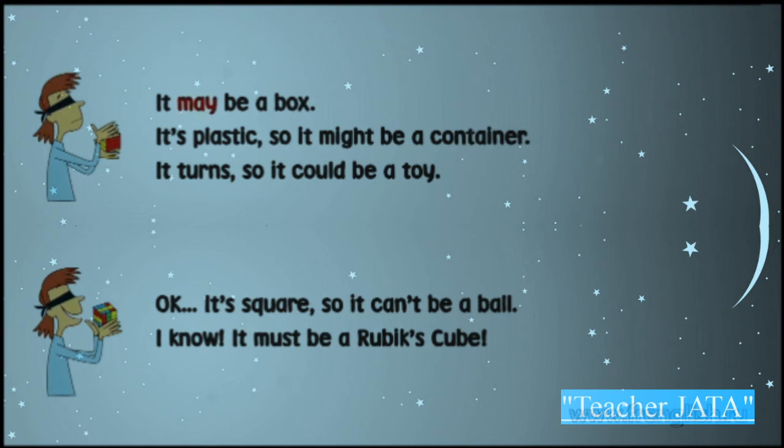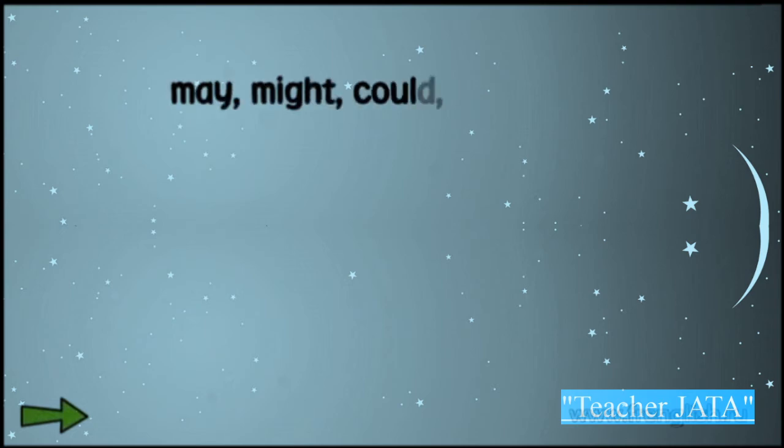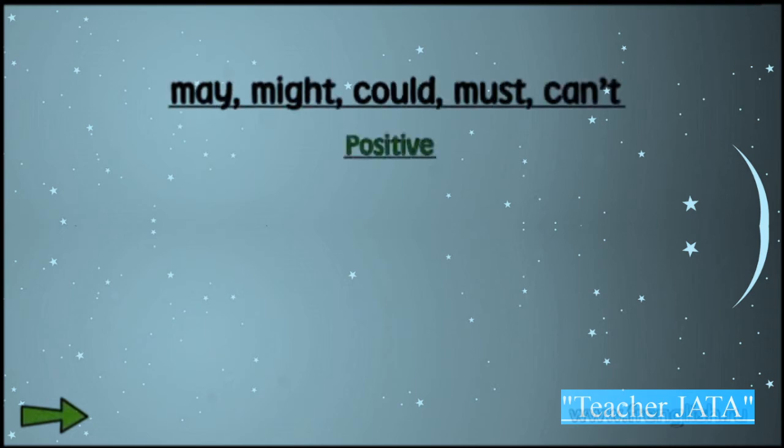We use may, might and could to talk about possibility. We use can't and must to talk about certainty. May, might, can, must and could are all modal verbs.